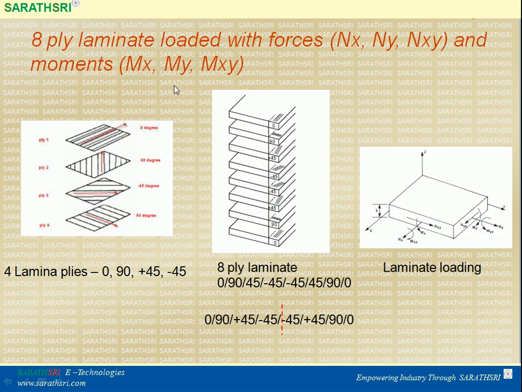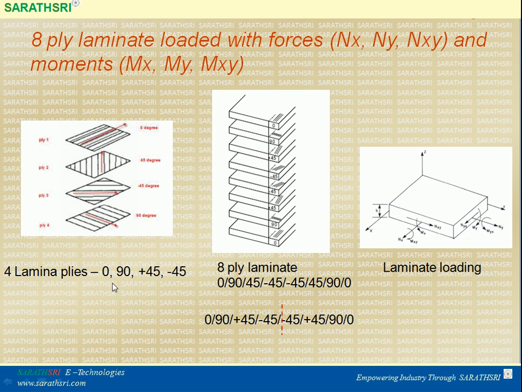Let us take a laminate loaded with forces and moments. We can take a general standard laminate like 0 degrees, 90 degrees, plus minus 45, arranged in a particular fashion. That gives a symmetric, anti-symmetric, balanced, or quasi-isotropic laminate, which can be seen based on the layer configuration.